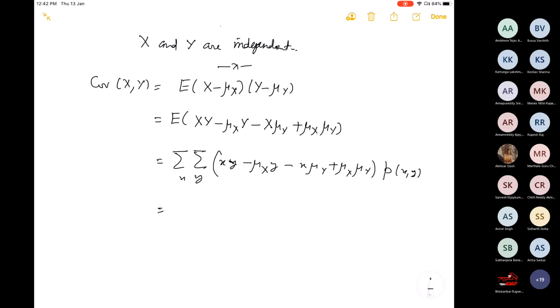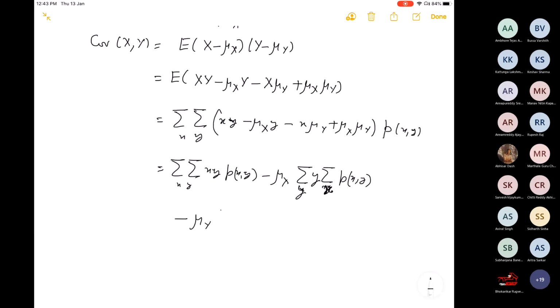So therefore this will come as a double summation of xy pxy, minus mu x double summation of y pxy, minus mu y double summation of x pxy, plus mu x mu y double summation of pxy.